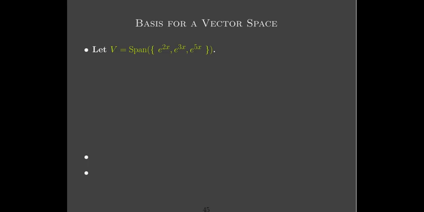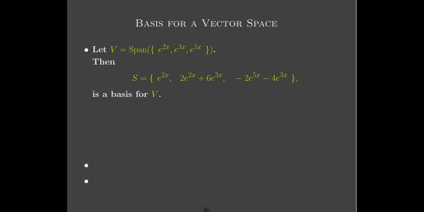So let's look at a little bit more involved example. Here I have a set e to the power of 2x, e to the power of 3x, e to the power of 5x. So I have different coefficients on x, so we had a theorem that says that this set itself is linearly independent. So it would form a basis for the span of that set.